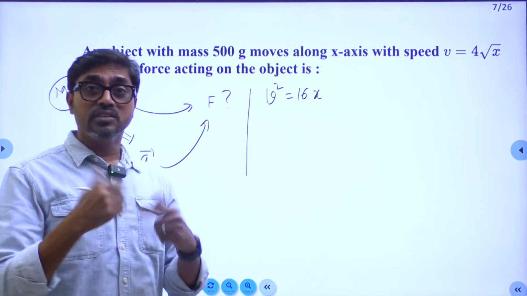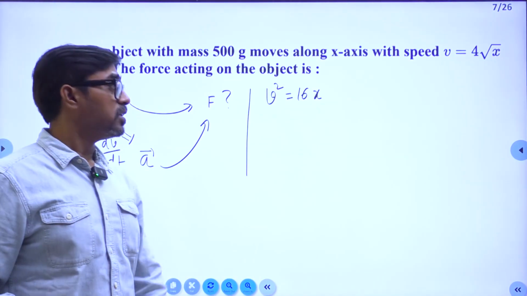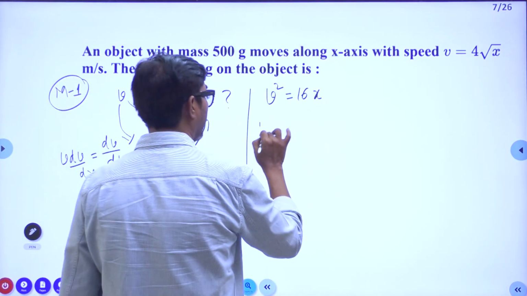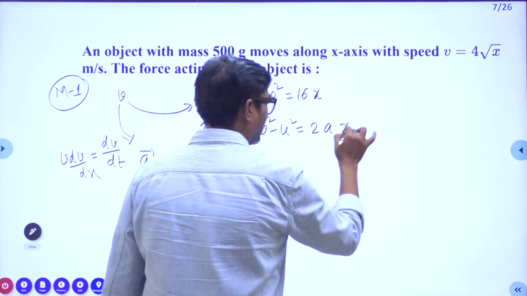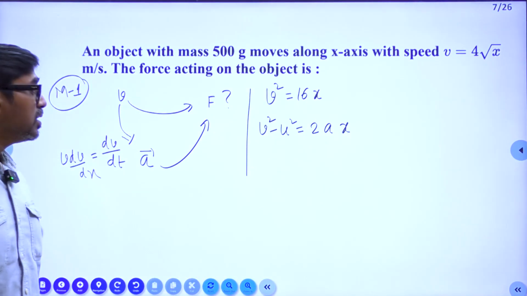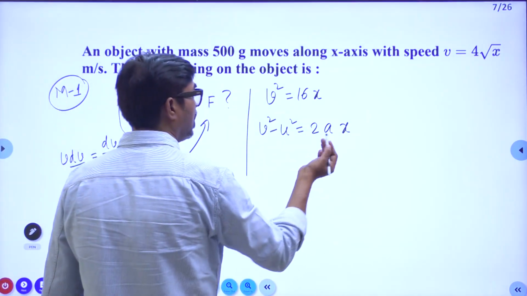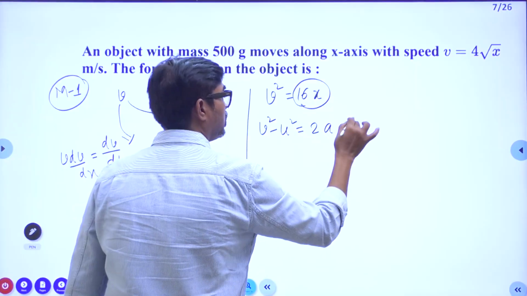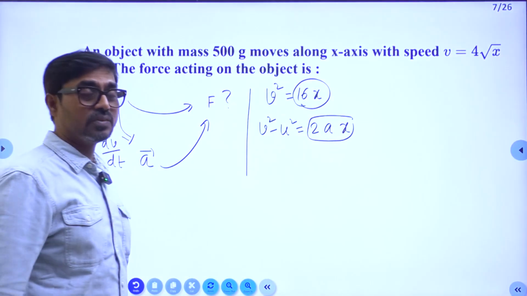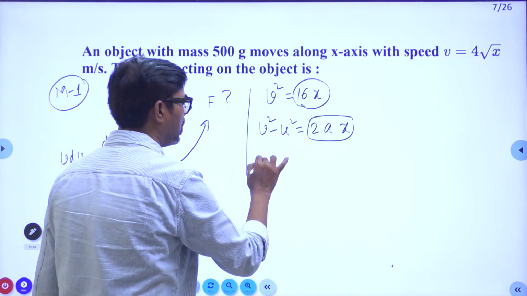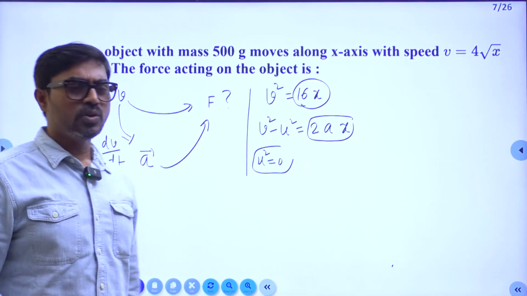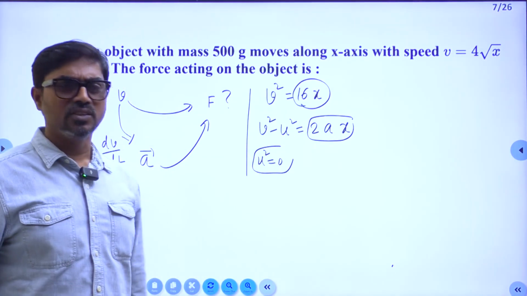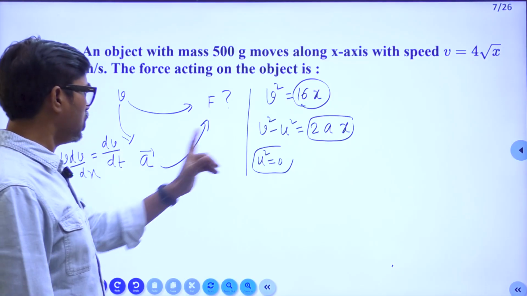The equation which doesn't have t is the one with velocities: V square minus u square equal to 2ax. If you compare it like this, you would see that in the place of 2ax you have 16x. Alright, u square is 0, initial velocity is 0, and 2ax equal to 16x there. So it is actually moving with constant acceleration. You don't have to do differentiation. Even if you do that also, you will get that.